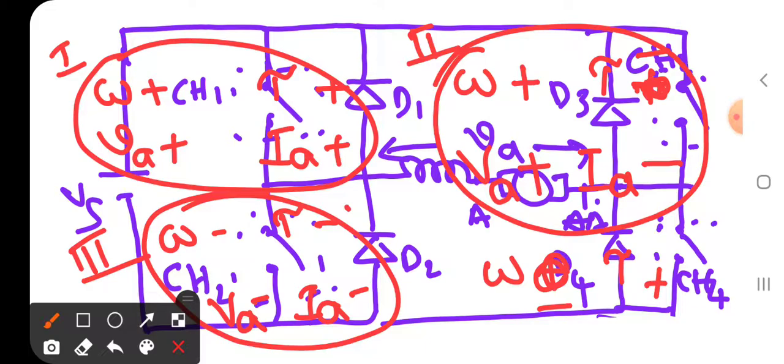Just look at this. What about voltage? VA is negative and IA is positive.